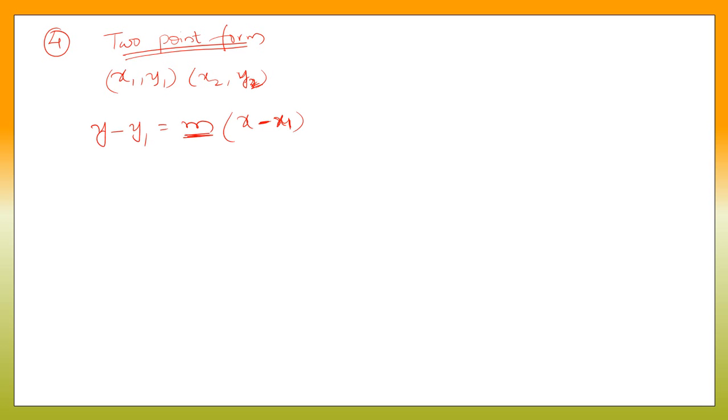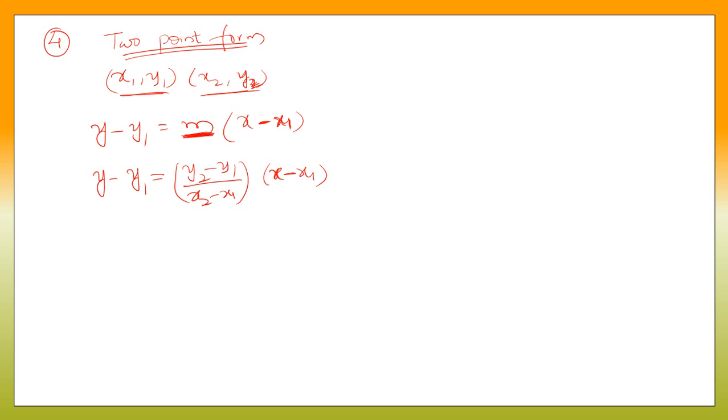Instead of this m, since 2 points are given, we can apply the slope formula using the 2 points. So I can write y minus y1 is equal to (y2 minus y1) by (x2 minus x1) into (x minus x1). Understood? From point slope form, you have this equation.